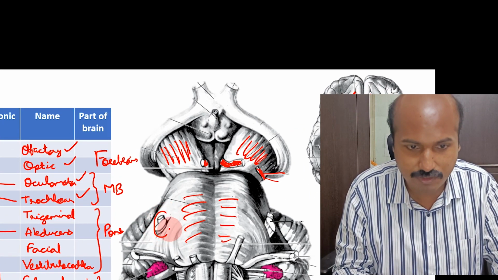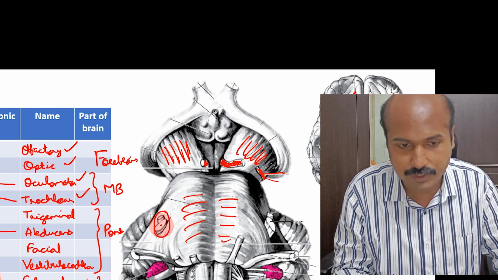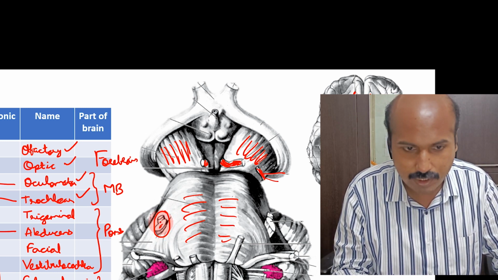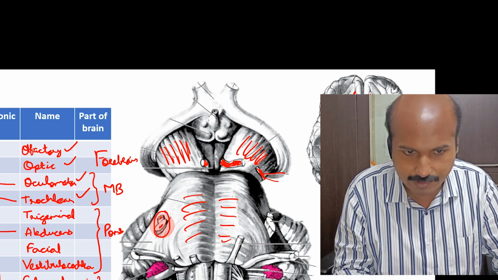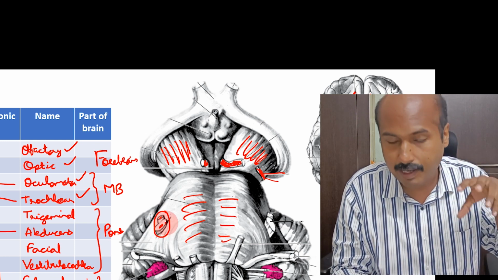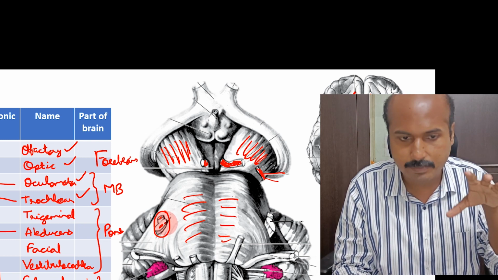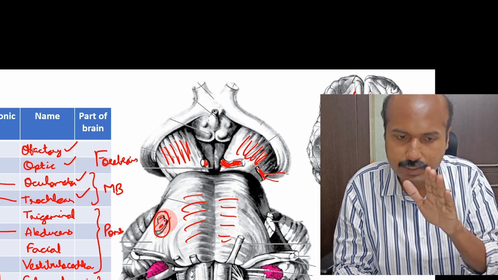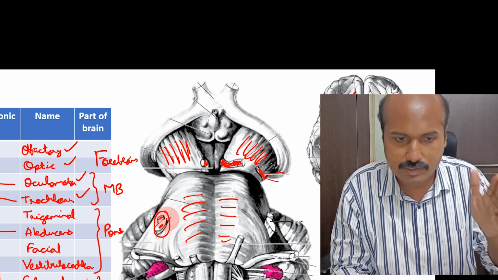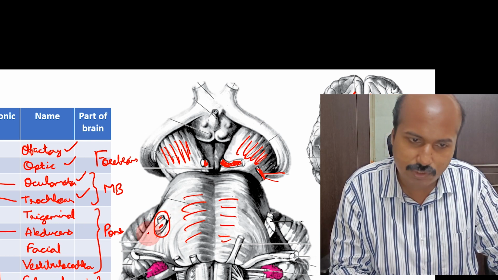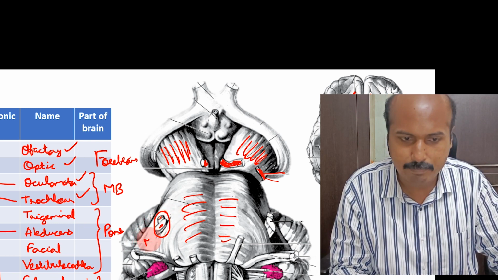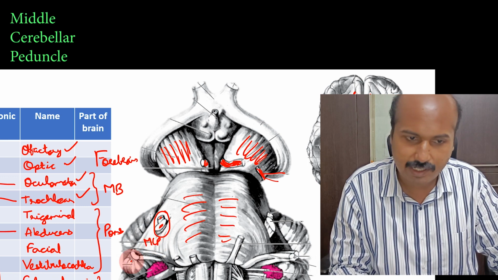You have 2 nerve roots for the fifth nerve. This is the motor root, and this is the sensory root. The sensory root is large. The motor root is usually small. So that is the trigeminal nerve, classically located a little laterally in the pons, and the part that is lateral to the trigeminal nerve is classically the middle cerebellar peduncle that connects the cerebellum.